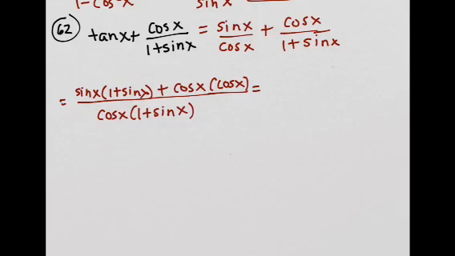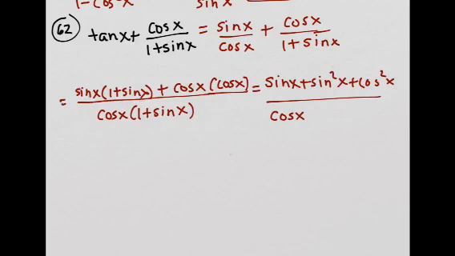So, oops, I have to do this. Distribute the sine in the first one, so that's sine x plus sine squared x, and then multiply cosines. I'm going to leave the denominator undistributed, as two separate factors, because as you go through these problems, you start to pick up on patterns. I notice that these two right here add up to 1.